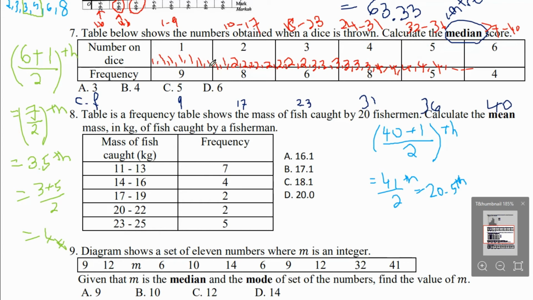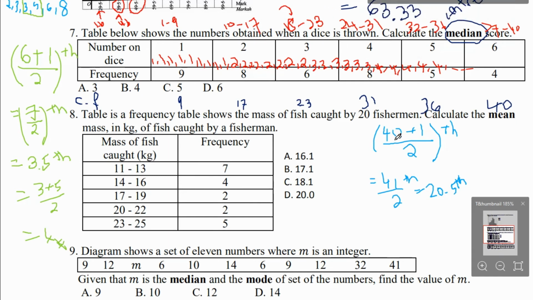8, 9. From the 1st to the 9th are all 1. Then from the 10th number to the 17th number will be 2. From the 18th to the 23rd will be 3. So from number 10 to number 17, this will be 2. From 18 to 23, this will be 3, and so on. So 20.5, where is 20.5 located? 20.5 is located in this group, 18 to 23.